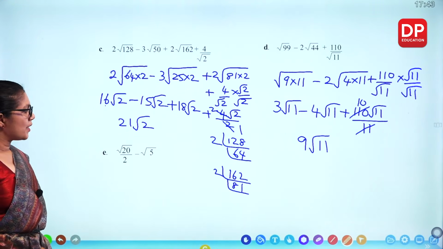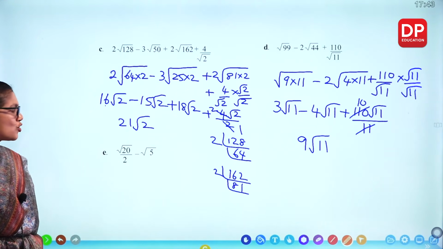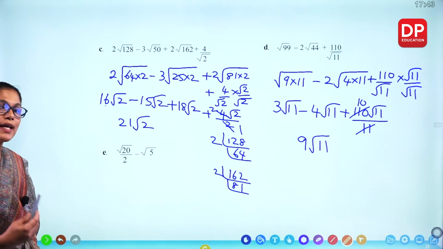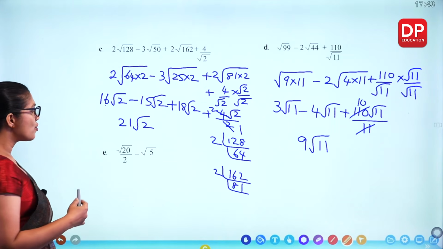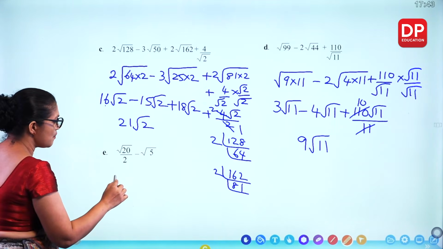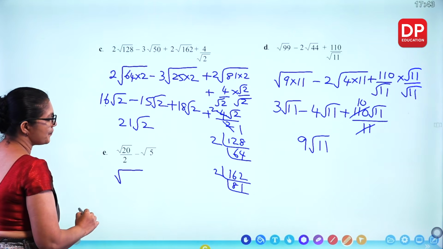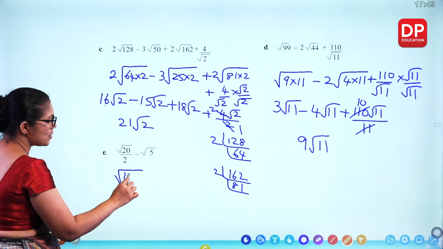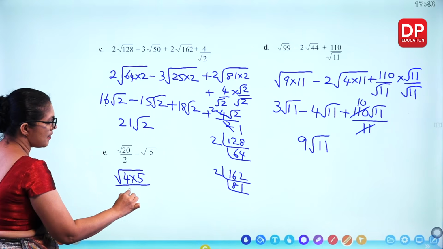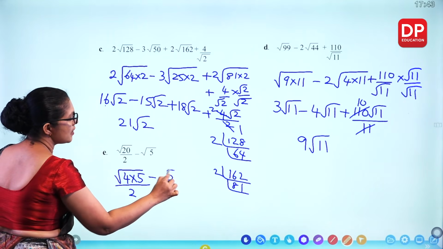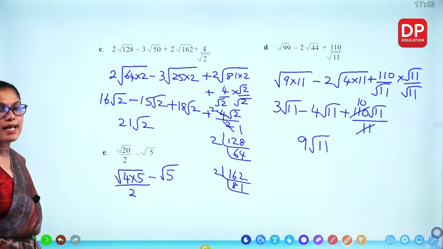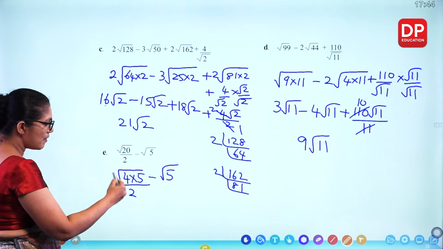What about this one? Root 20 over 2 minus root 5. So here also we have to write root 20 in terms of square number. How can I write? 4 times 5. What about this one? I can write as it is. Then simplify.